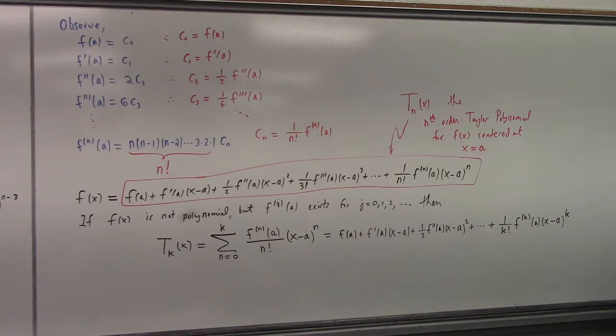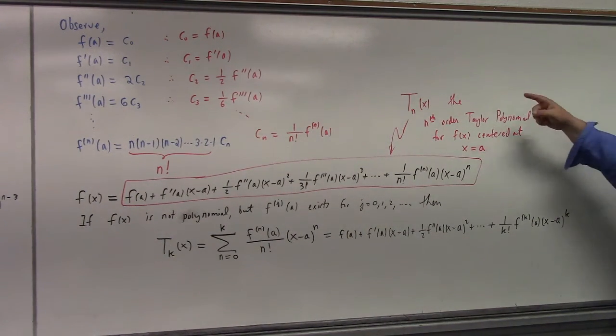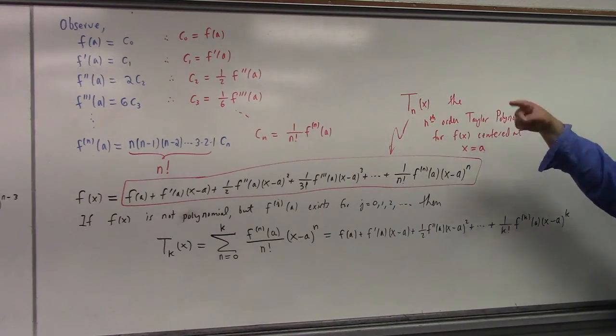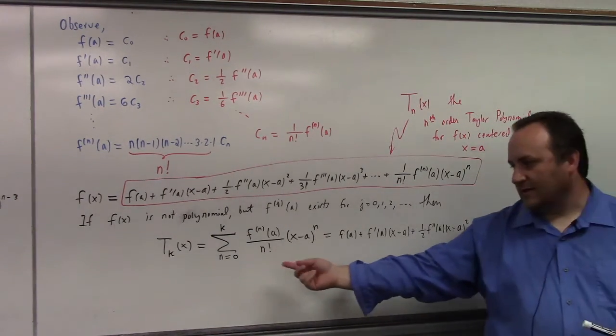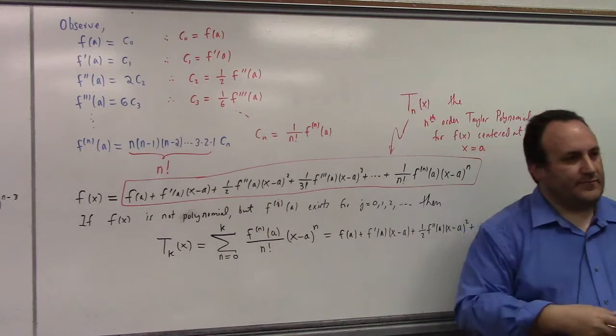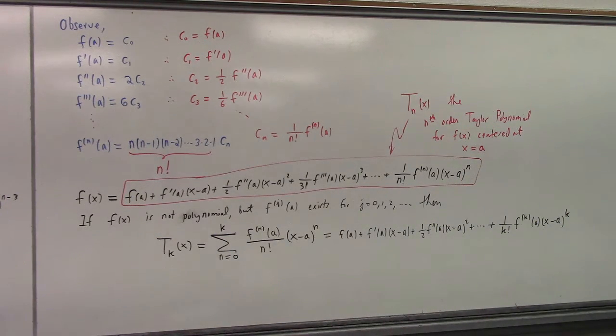So however you want to, I can see the difference. The distinction is here, I let n be the top power, whereas here I'm using n as the index of summation. Sorry, it'd been better if I'd used the same notation both places, but anyway, this is what the Taylor polynomial is.